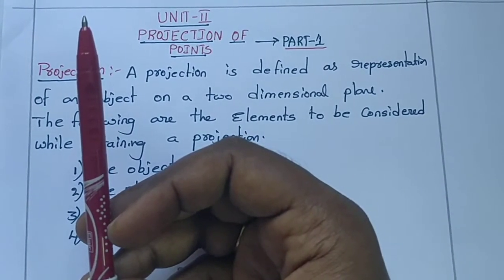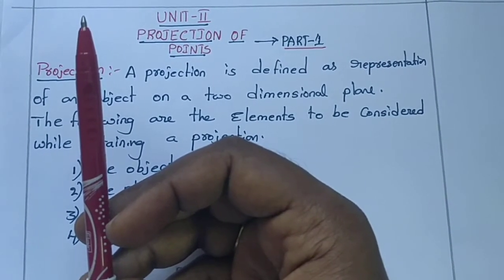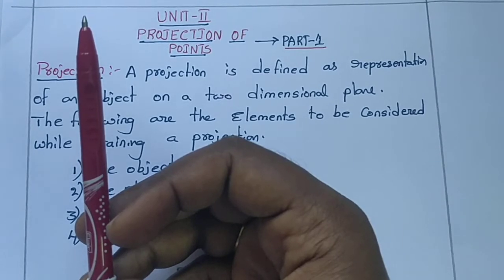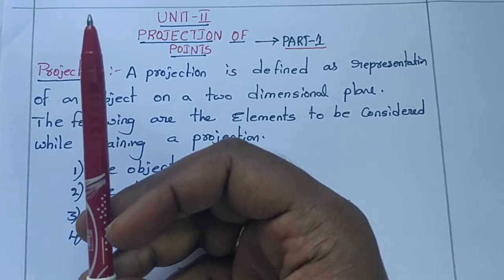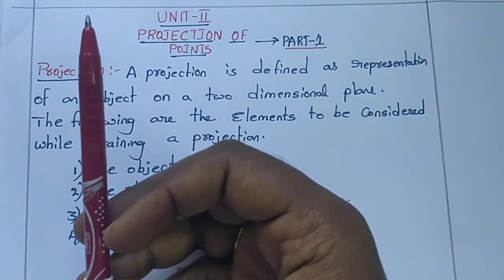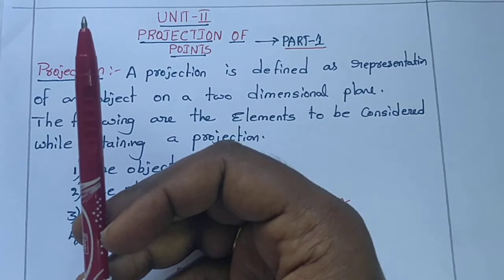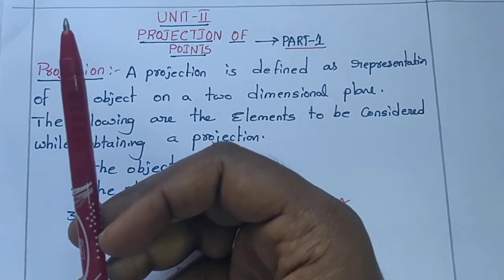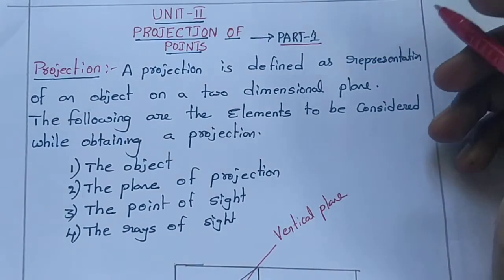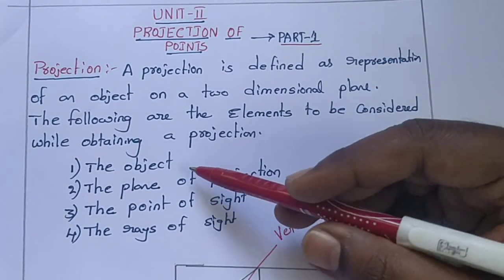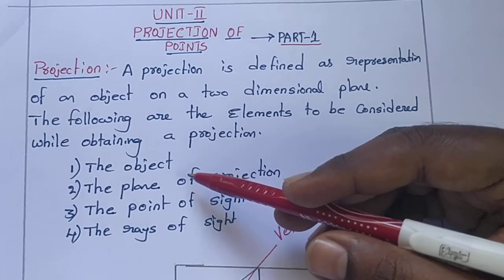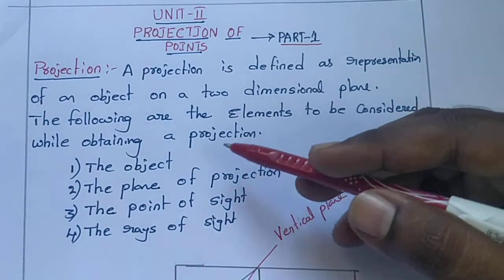We need to give the dimensions of the object and its details, that is, the size, shape and representation. All of this we are going to give by using projections. To draw the projections, we need to know some elements used in projection.